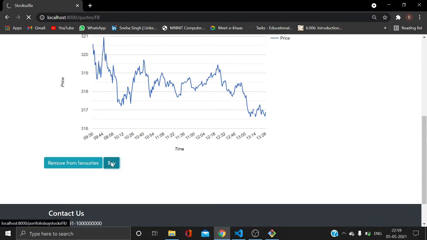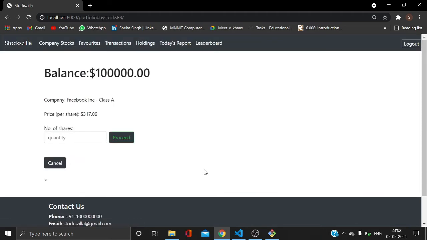So let's buy some stocks of FB. First of all, you will see that here the balance is $100,000 or $1 lakh. So whenever a user signs up for the first time on this website, he will be given $100,000 of virtual money to buy and sell stocks.